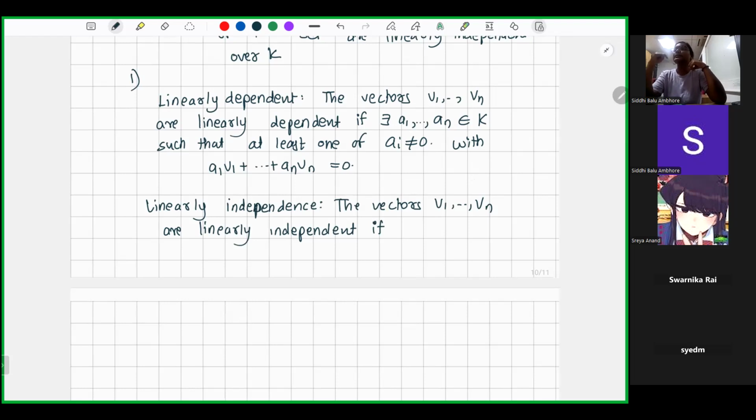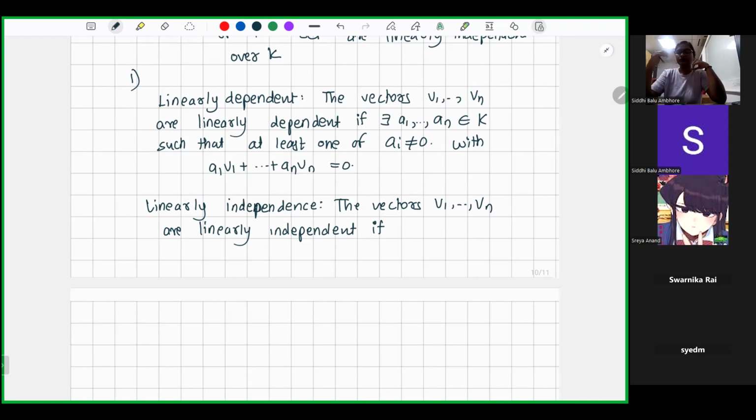That is a very particular case. So you are saying that vi and vj are linearly dependent if vi is a scalar multiple of vj. Yes, that is completely true. But when I am talking about these n vectors being linearly dependent or independent, it need not be that case when we have more than one element.